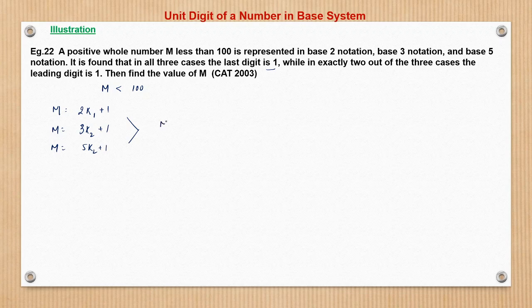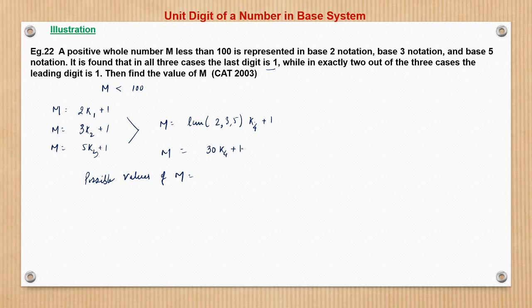From these three we can say m must be of the form LCM of 2, 3, 5, say k4, plus 1. So this is nothing but 30k4 plus 1 form, right? So possible values of m: k4 is equal to 0, then it becomes 1.